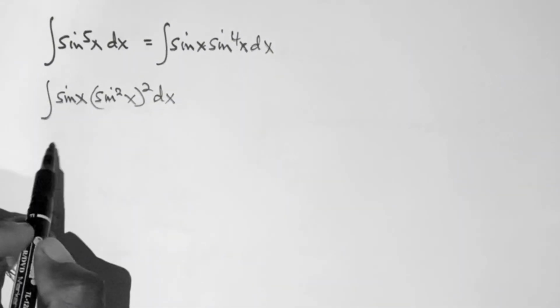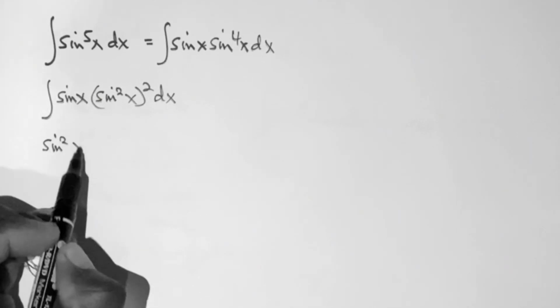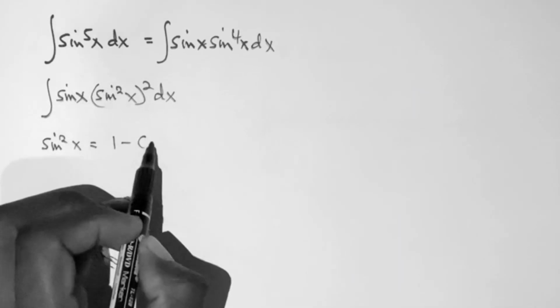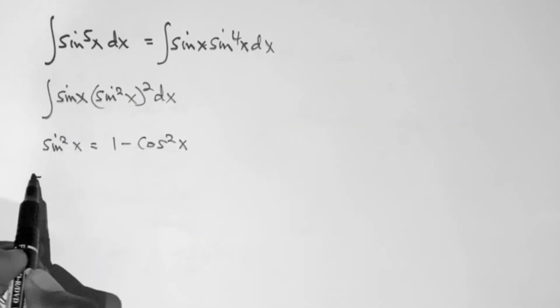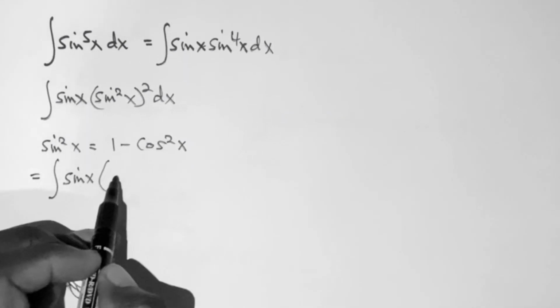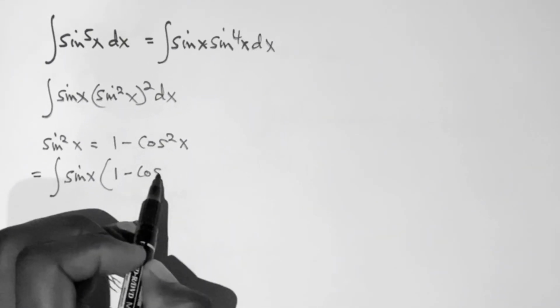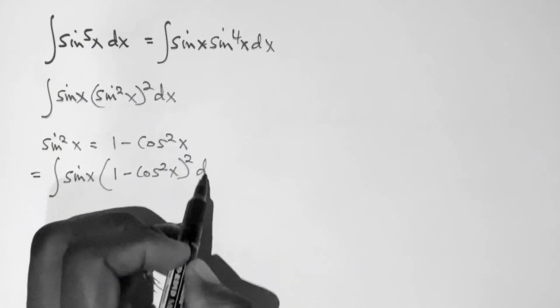Remember that sine squared x is equal to 1 minus cos squared x, so I can introduce that here. It becomes the integral of sine x, then in brackets 1 minus cos squared x all squared dx.